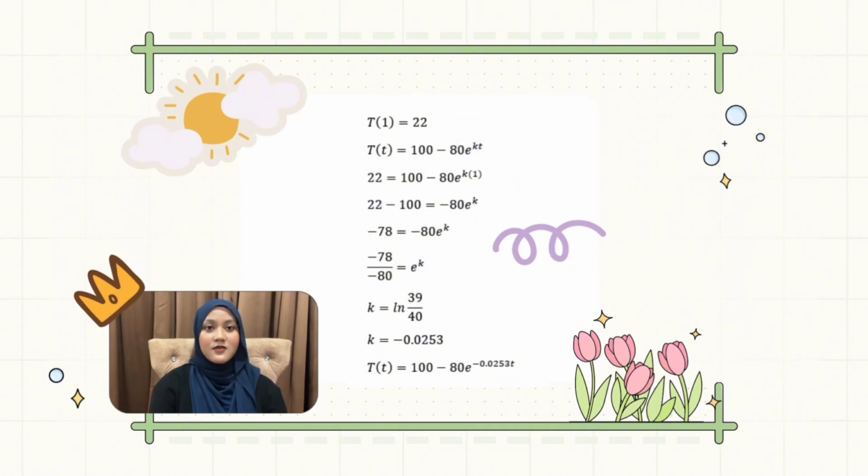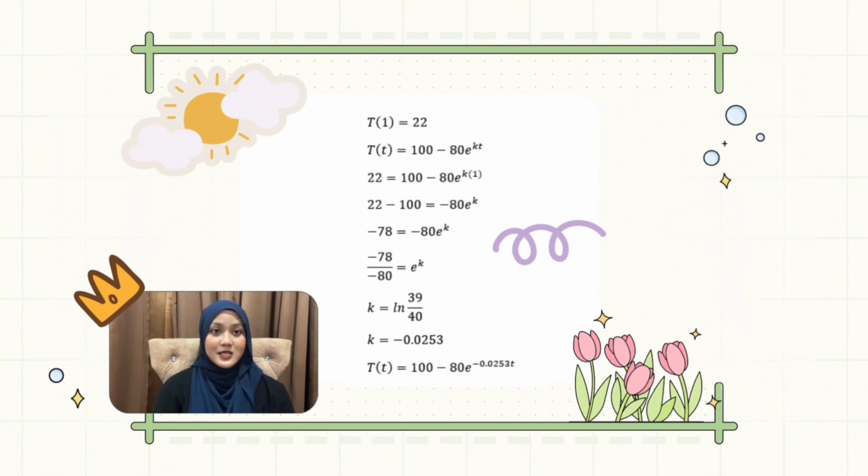This makes negative 78 equals negative 80 multiplied by the exponential of k. Now, divide both sides by negative 80, resulting in negative 78 divided by negative 80 equals the exponential of k. To isolate k, we take the natural logarithm of 39 divided by 40. Thus, k equals the natural logarithm of 39 divided by 40.